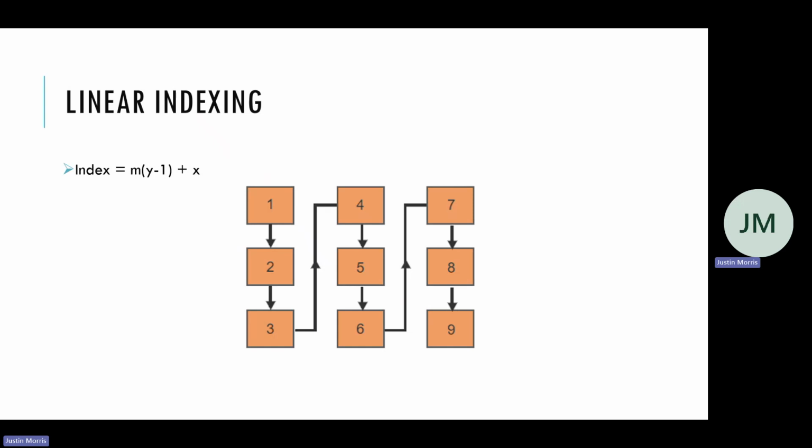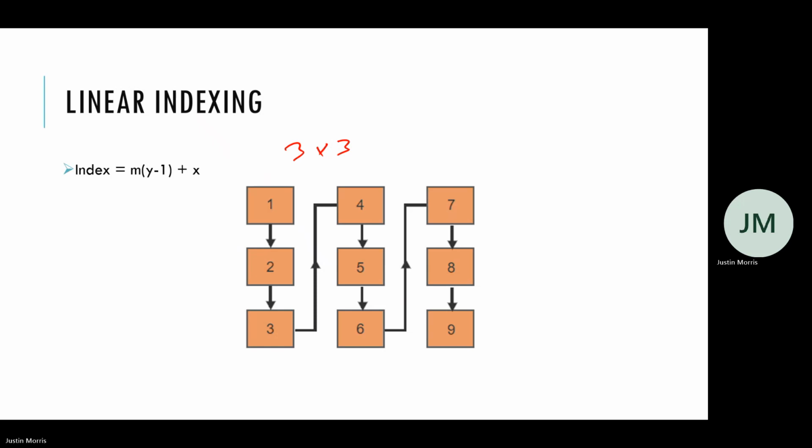But there is another form of indexing called linear indexing, where even though this is a 3x3 array, if you try and index it with one number, then this is how it would be laid out. It goes 1, 2, 3 of the first column, then all the way back to the top of the second column, 4, 5, 6, 7, 8, 9. And this is the general form it takes for any size 2D matrix. So it reads column-wise.